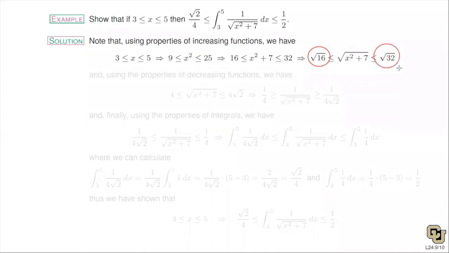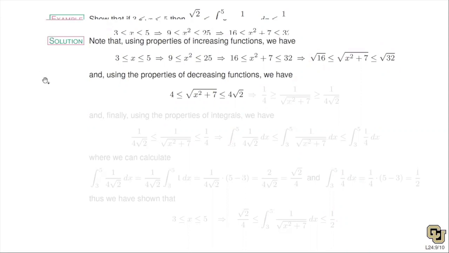And here the positive square root of 32, 32 is 16 times 2, so this will be 4 root 2. So here's where I'm at at this stage: I know the positive square root of x squared plus 7 is bounded below by 4 and bounded above by 4 root 2.